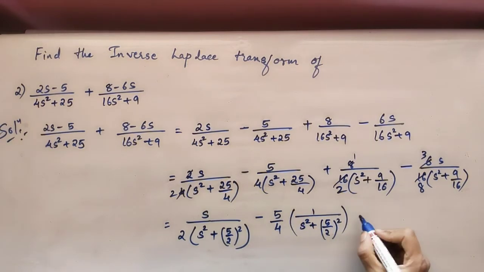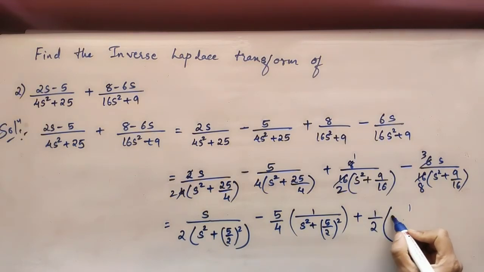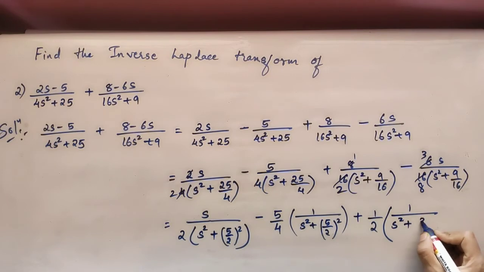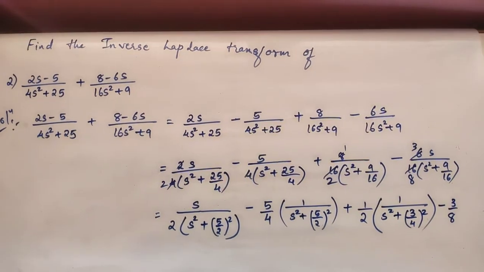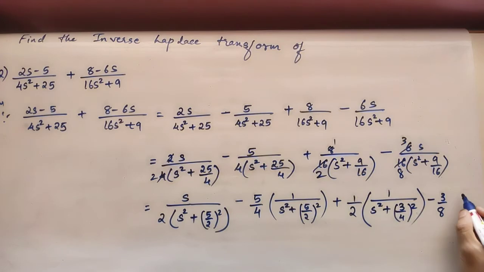Plus again half constant outside, you will have 1 divided by s square plus 3 by 4 whole square. I can write it like this. Similarly the last term, minus 3 by 8 s divided by s square plus 3 by 4 whole square. Complete the bracket, all of you.